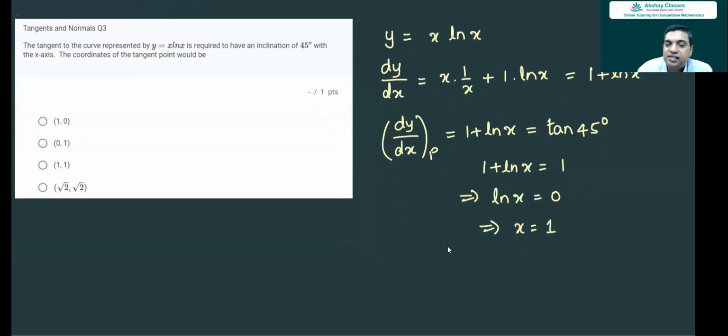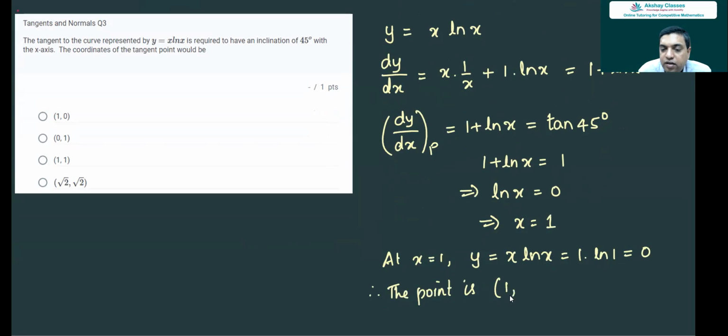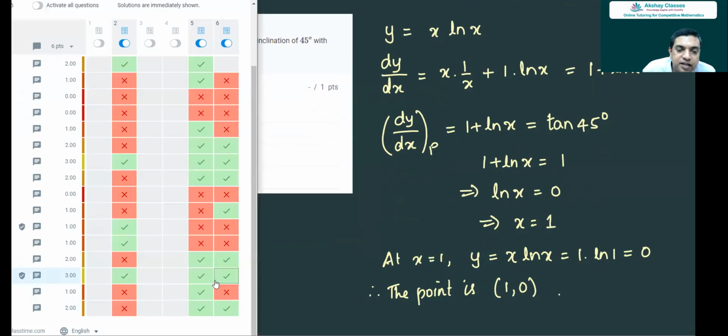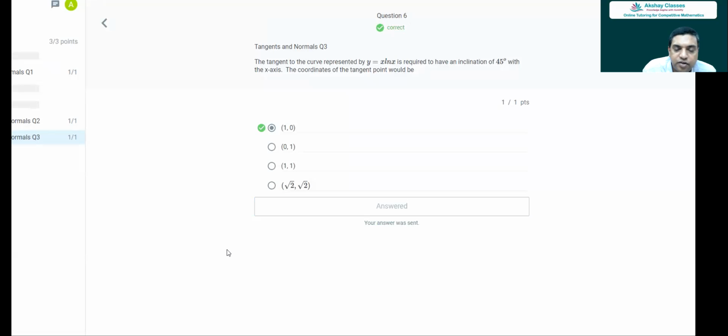And when x is equal to 1, y is x log x, which is 1 into log 1, which is again 0. Therefore, the point is 1, 0. This is the answer. The point is 1, 0, and that's okay.